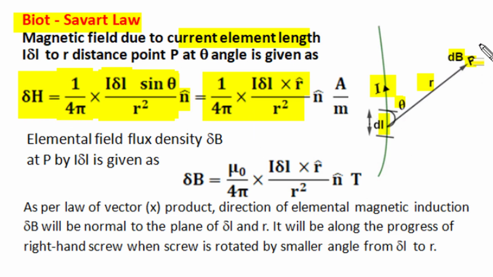And if someone is interested in the elemental magnetic flux density contribution from the current element, in place of H we can find the relation of B, as B is directly proportional to H and the proportionality constant is the permeability of the medium.